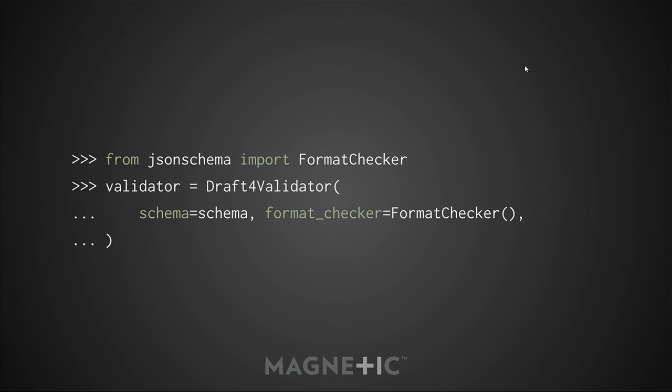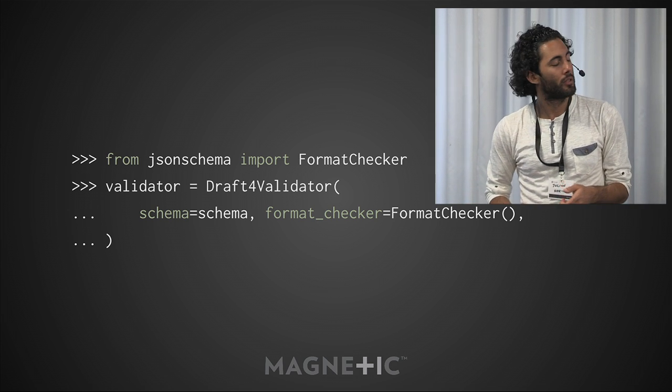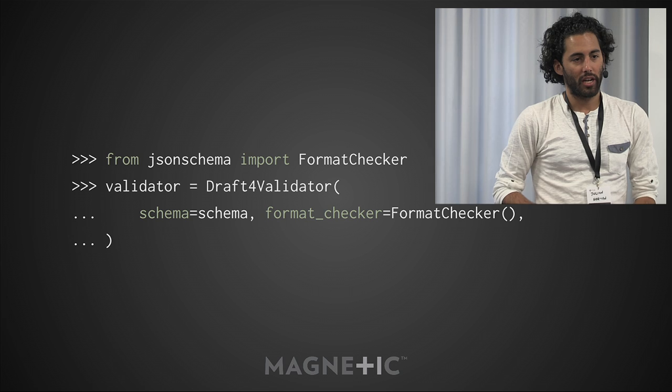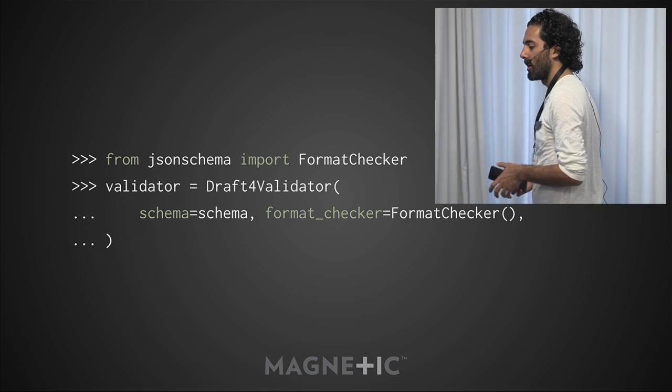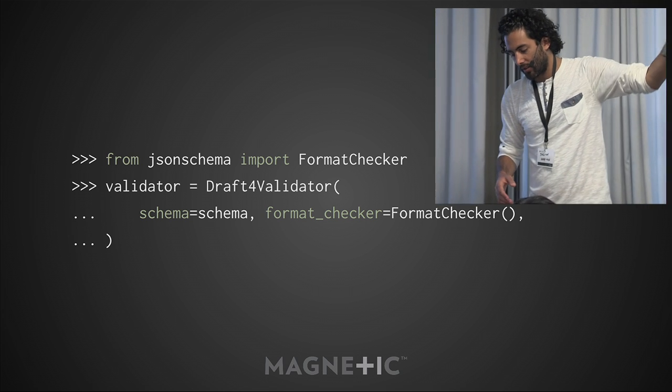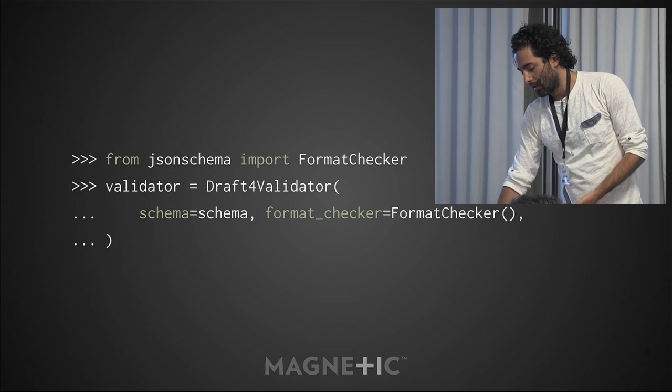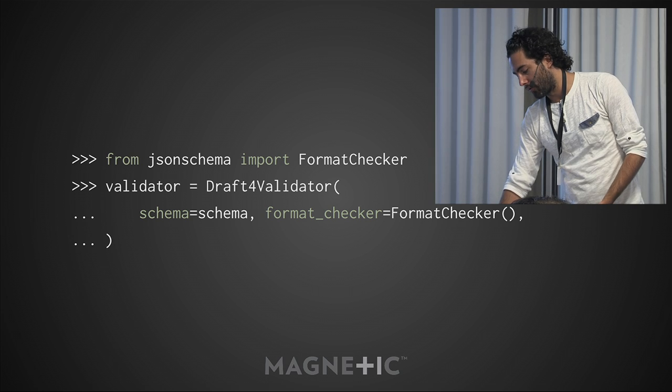But if you do want to actually formally validate that instances that you're provided actually satisfy the formats in your schema, you can pass in this object called the format checker, whose job it is to basically validate formats. So same kind of creating a validator object off of that class, but we pass in this new object called the format checker.